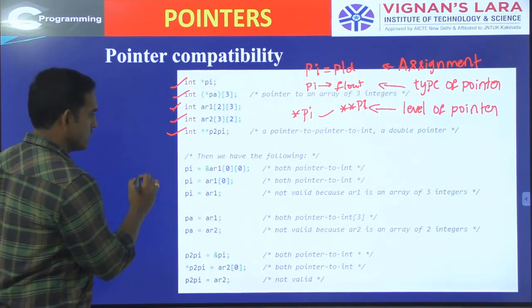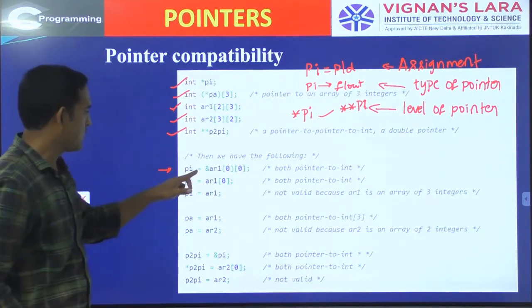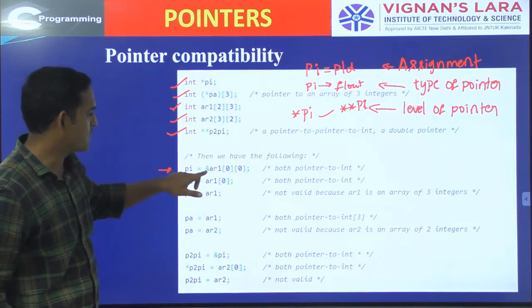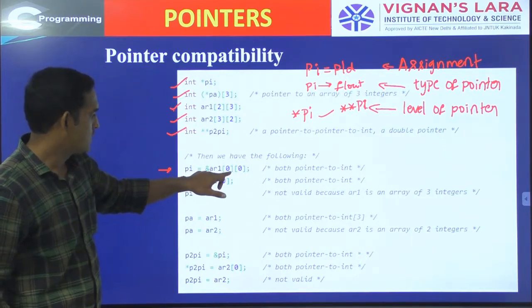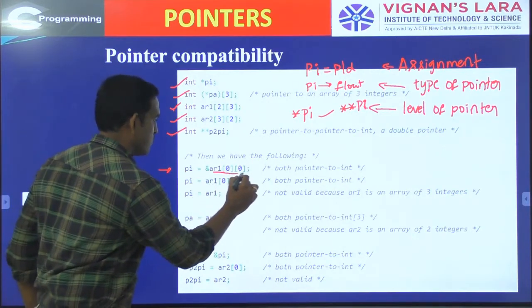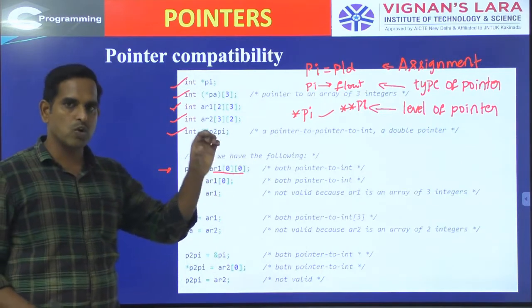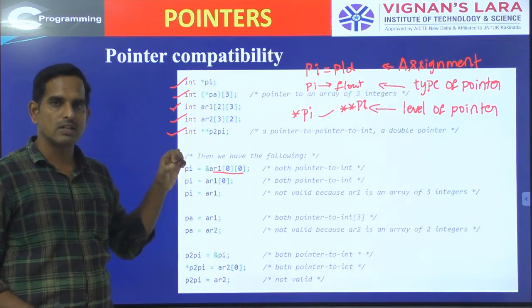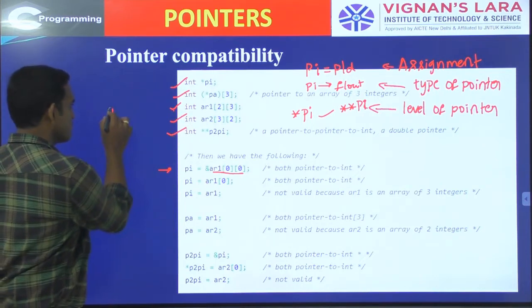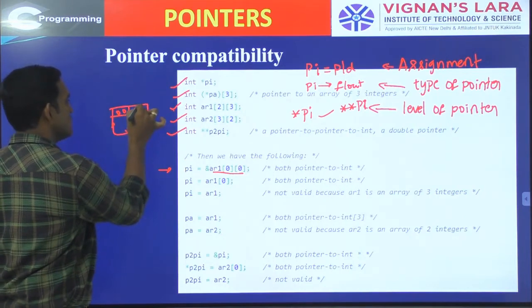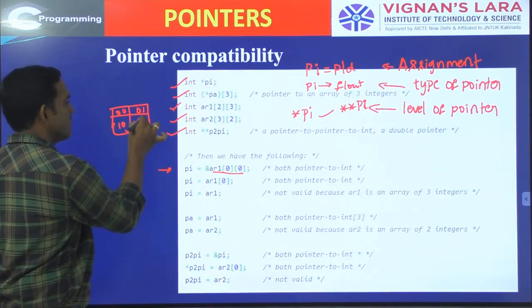In this, Pi is a normal integer pointer, and Pi is equal to address of array of 1, 0, 0. Here Pi is pointing to a two-dimensional array's first element. The two-dimensional array will be 0, 0, 0, 1, 1, 0, 1, 1.